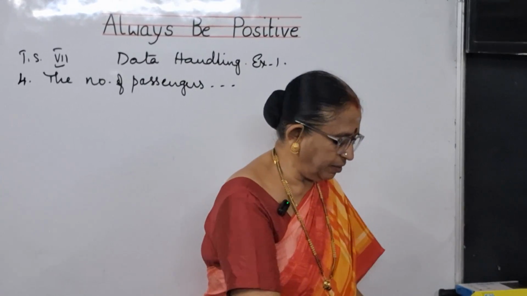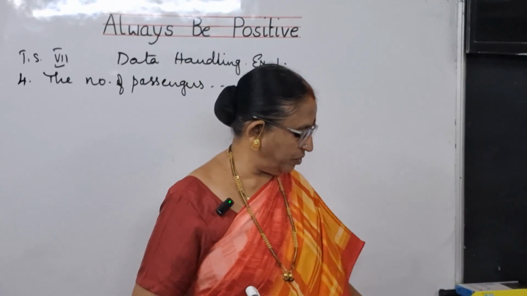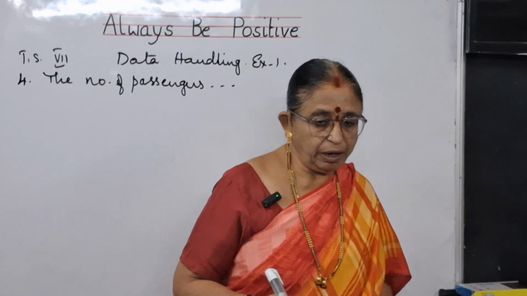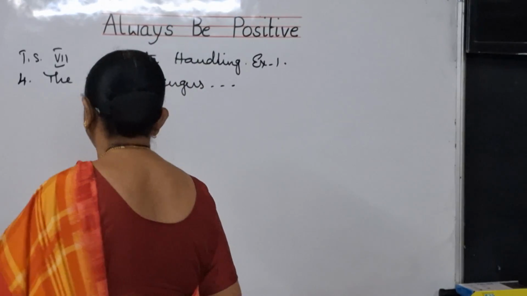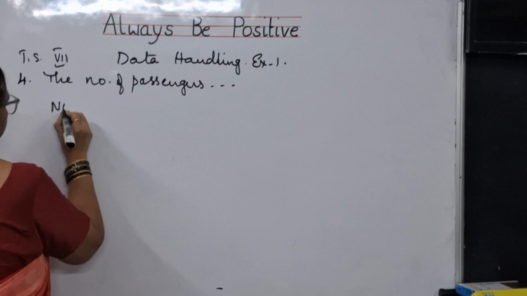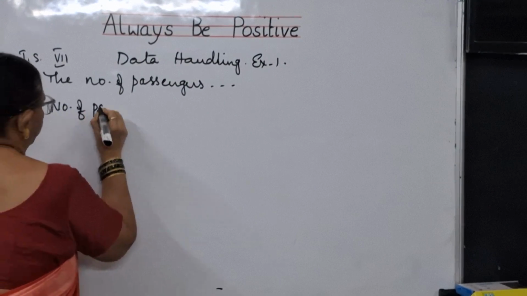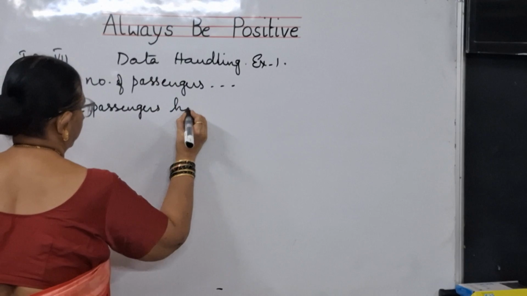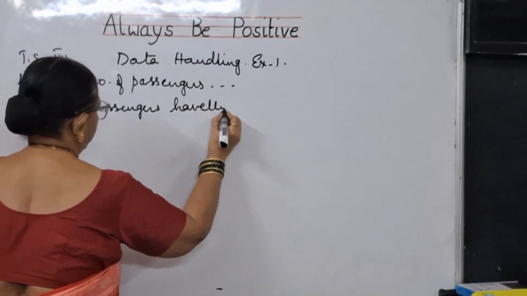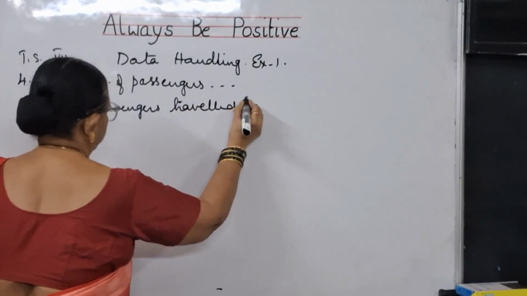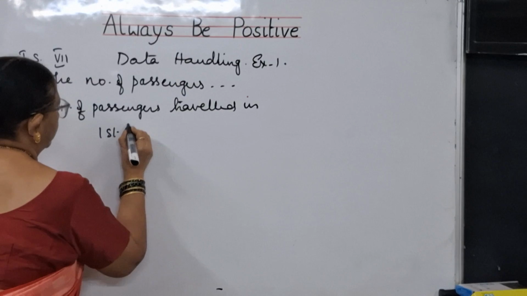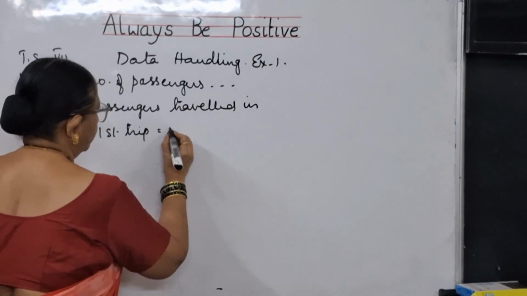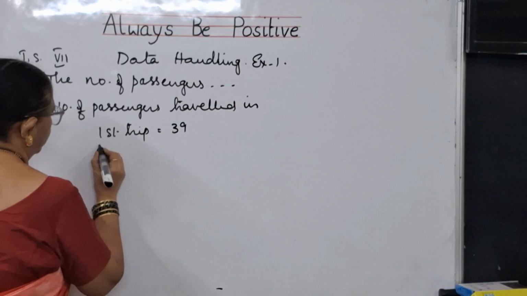So, first let us take the number of passengers traveling. The question is passengers who traveled. So, number of passengers traveled in first trip. How many traveled in first trip? 39.